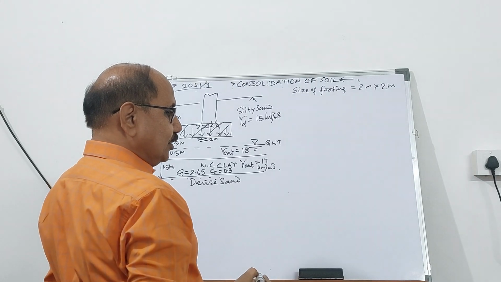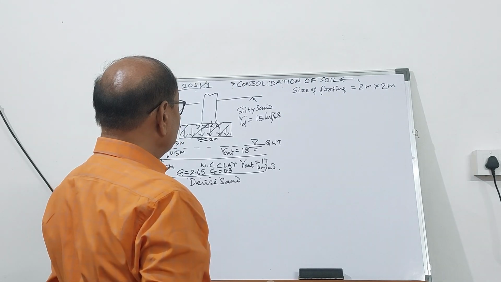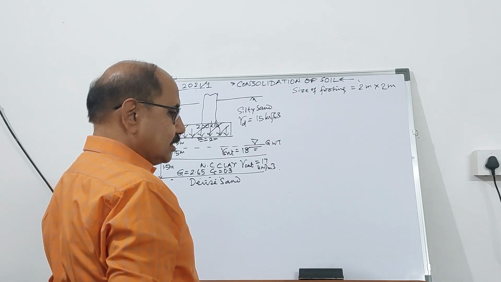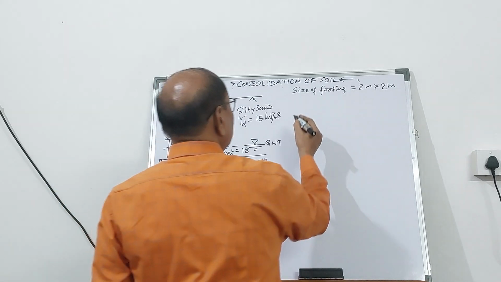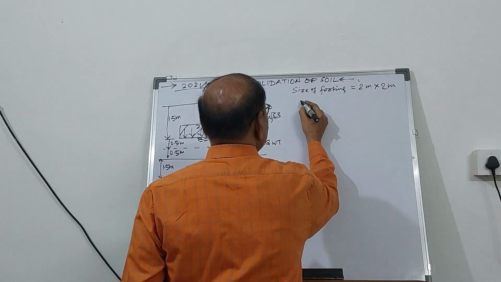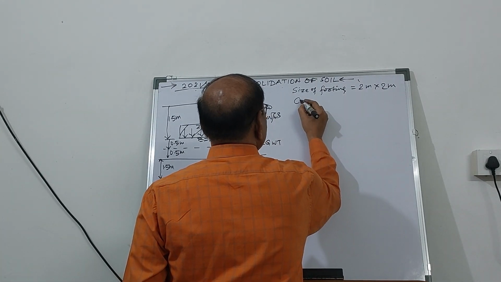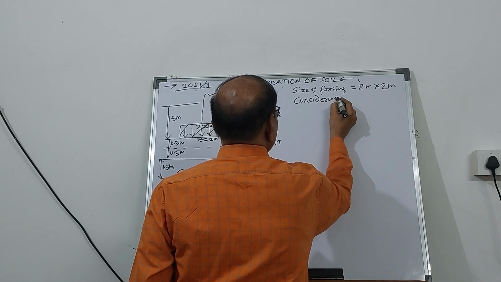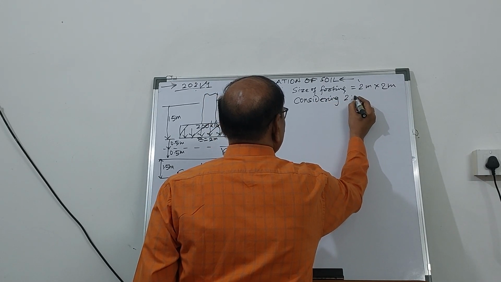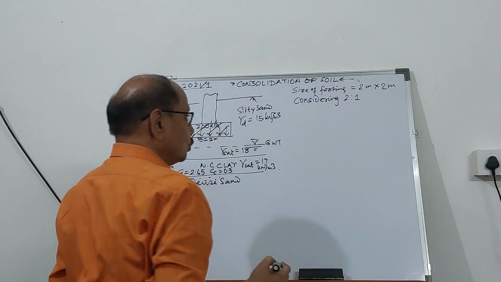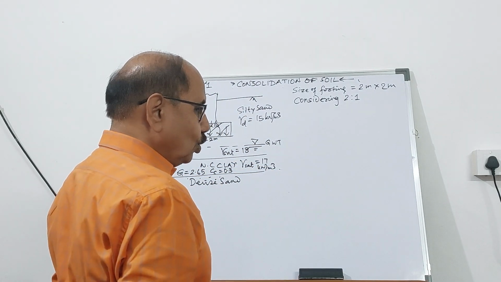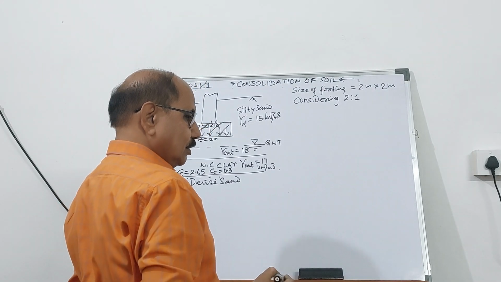And pressure at footing base is shown as 200 kilopascal. And considering 2:1, 2 vertical, 1 horizontal load distribution.